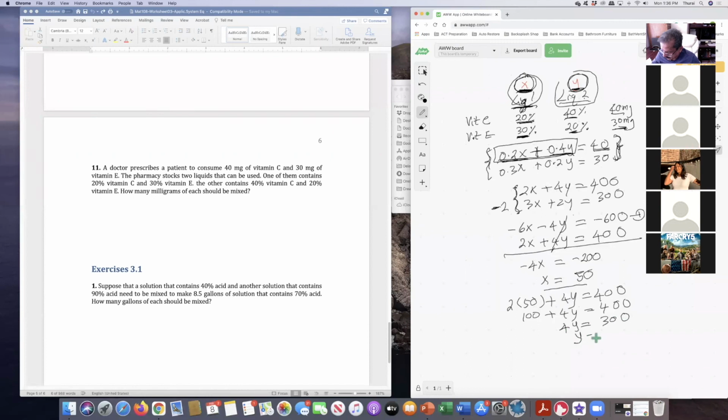Y is equal to 75. So 75 milligrams of liquid 2. So that's our answer: 75 milligrams of liquid 2, 50 milligrams of liquid 1.